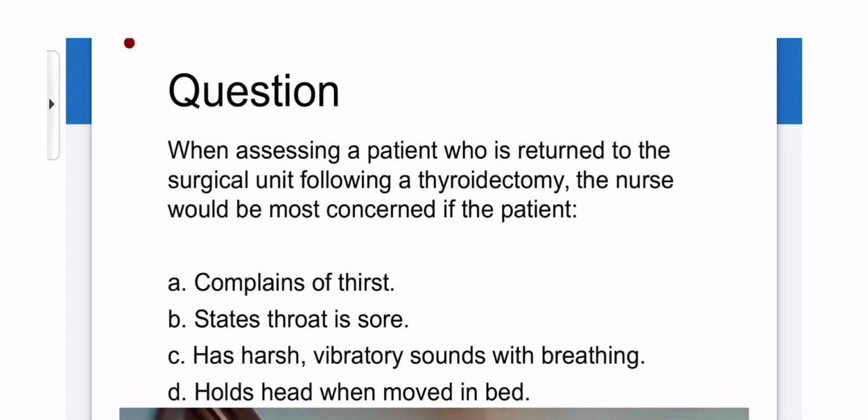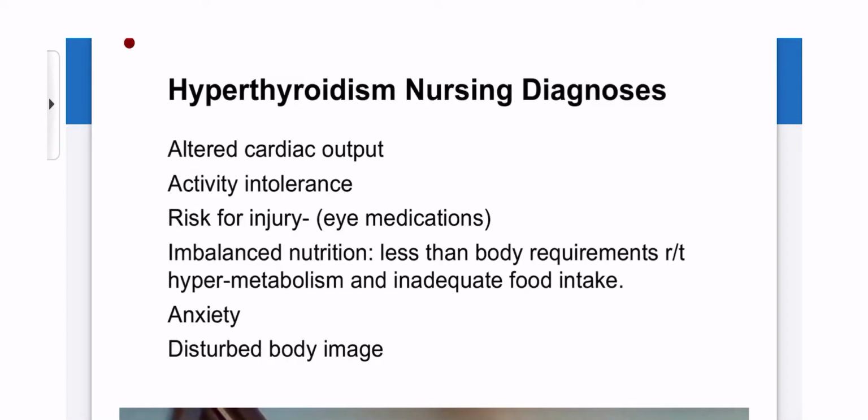So C would be your highest concern. Now our nursing diagnoses. You can see here some choices, and you can pick something that would fit for the patient that you are working with.